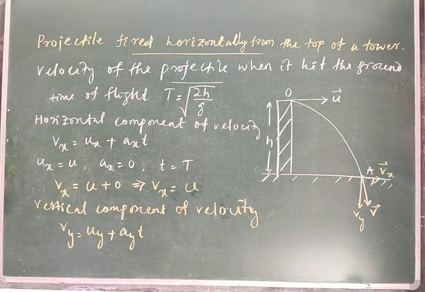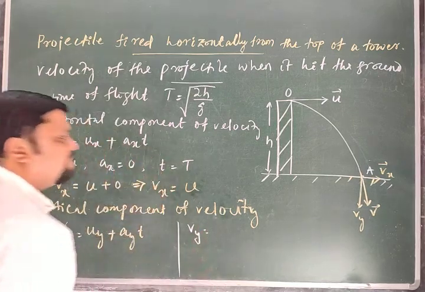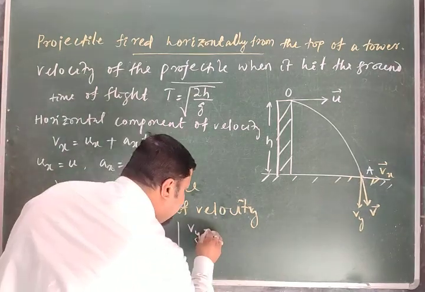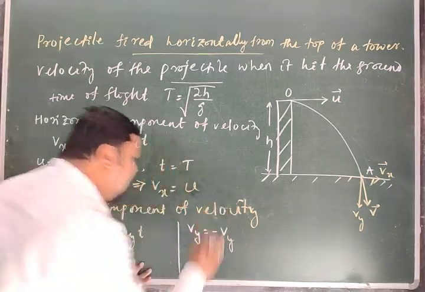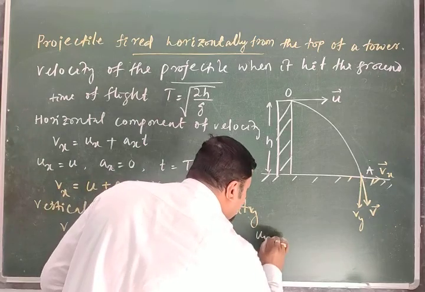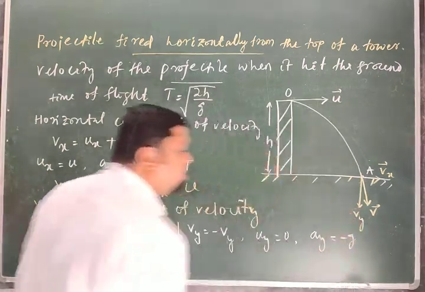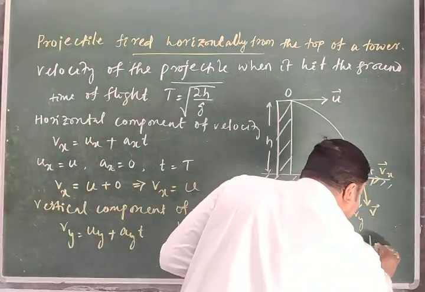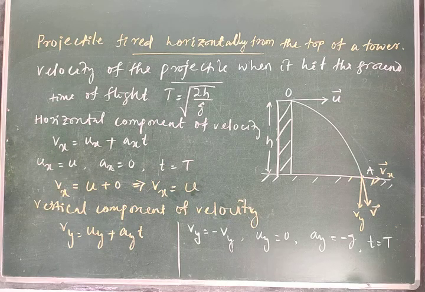Again the same concept here, and the sign convention is that Vy is negative, minus Vy. So uy is 0, ay is minus g, and t, obviously small t, is the time of flight, the total time it takes to hit the ground.